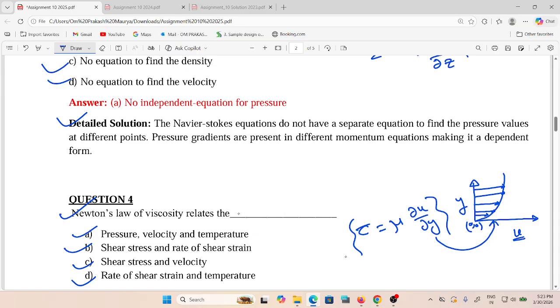So Newton's law of viscosity relates what? Pressure? No, there is no pressure term. Shear stress and rate of strain. Shear stress and velocity? No, not rate of change of velocity. It relates shear stress and rate of shear strain, and temperature? No, there is no temperature term.